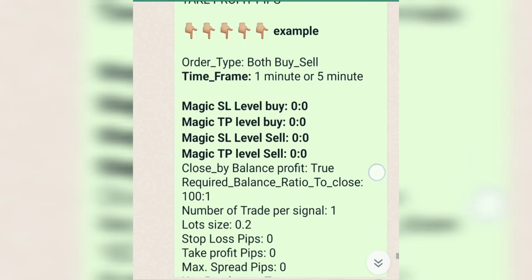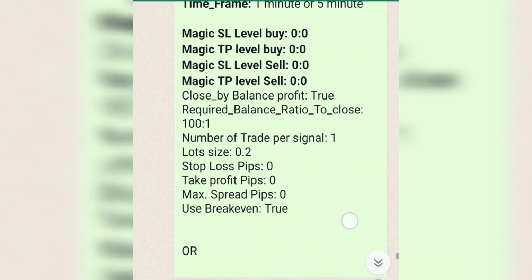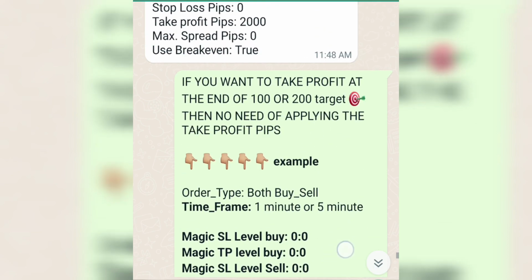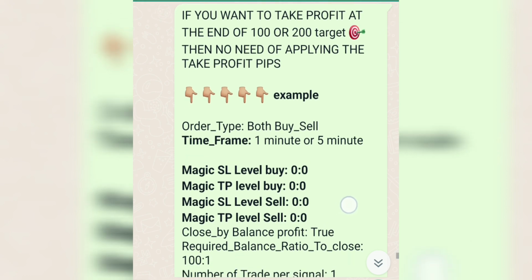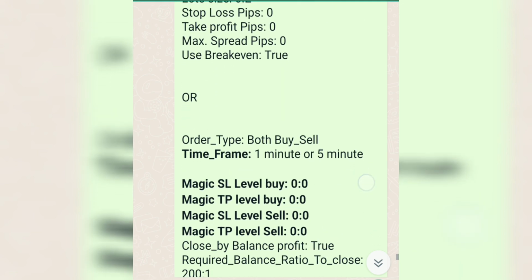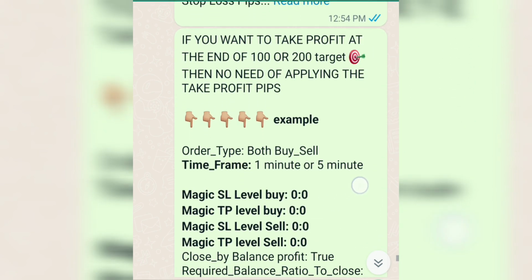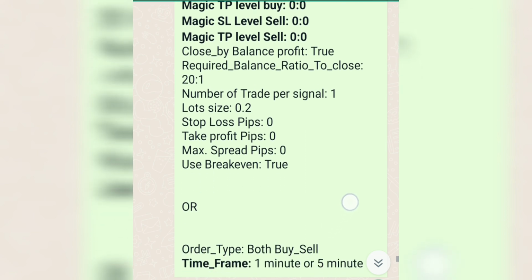And for the number of trades per signal, you put zero there. It will only wait for you until you click the two positions you want to take, or one position. It will not pick any other position until you close the trade. Do you understand? The number of trades per signal.